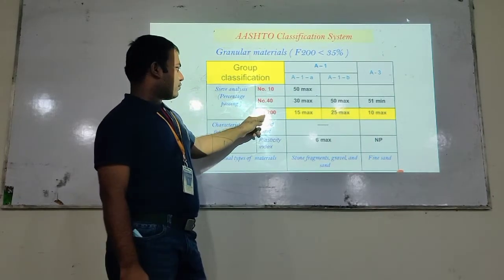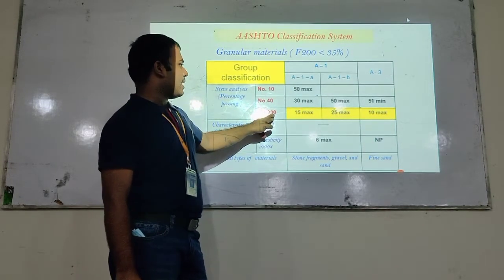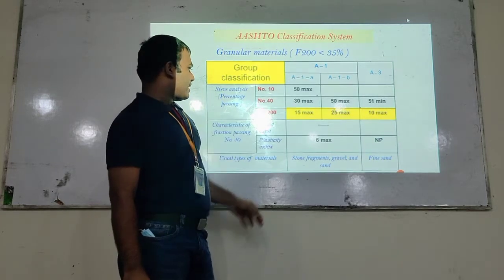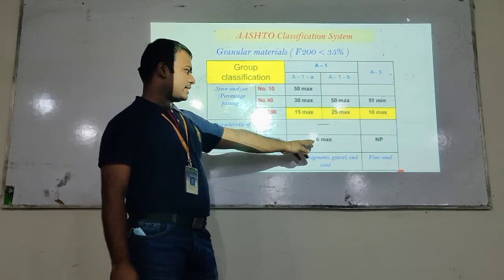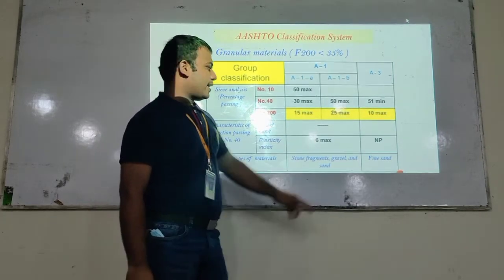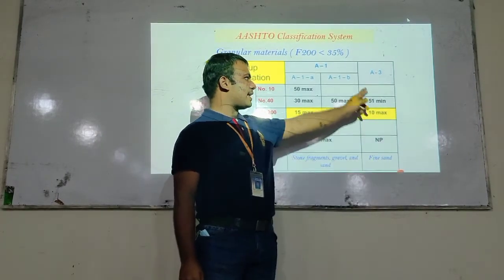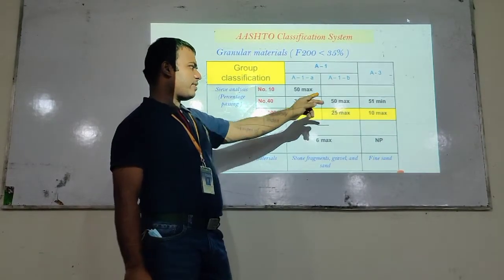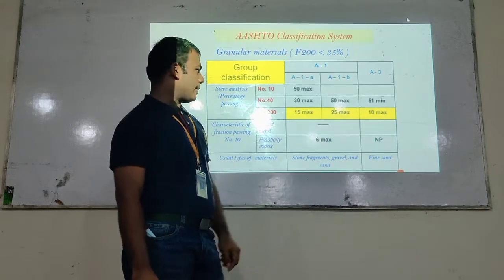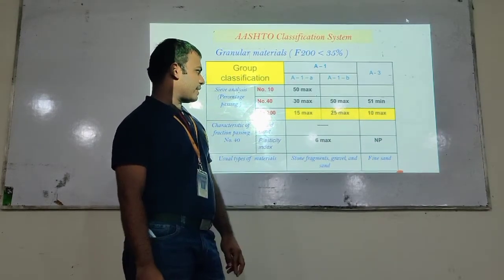Number 40 and number 200 are similar. They have no liquid limit. Their plasticity index is maximum 6%. Here fine sands are the A3 category. They pass the number 40 sieve minimum 51%, and the number 200 sieve maximum 10%.